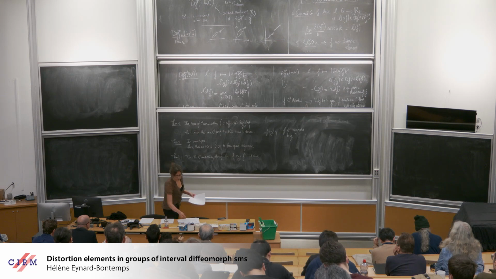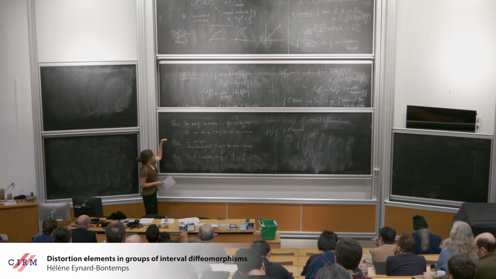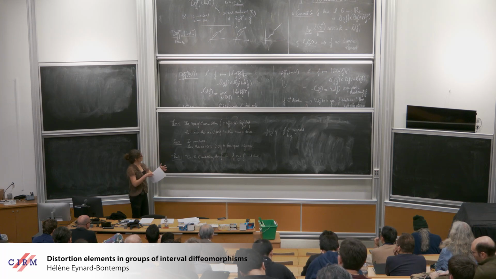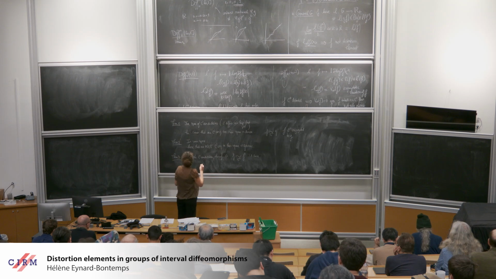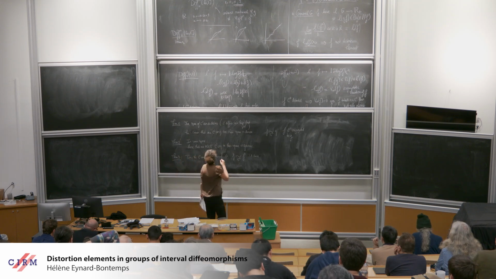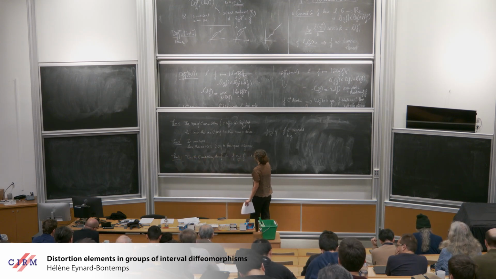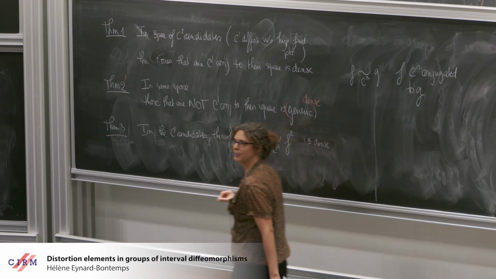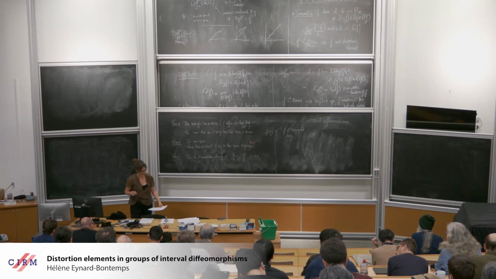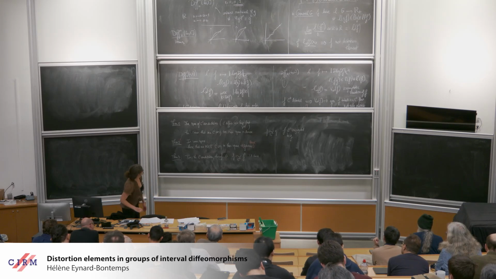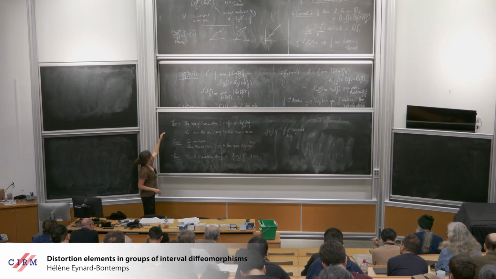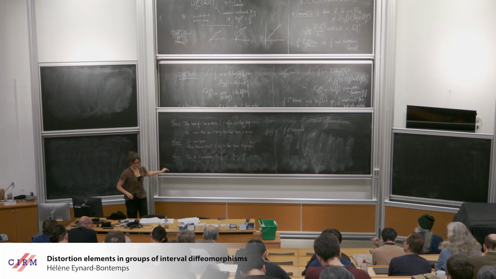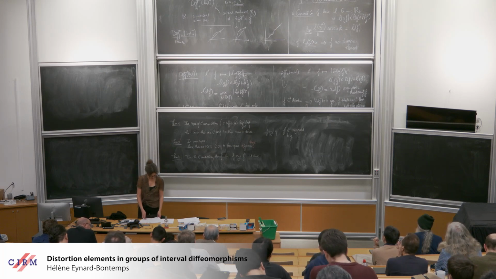I'm going to prove a weaker version of theorem 2, because then the proofs of theorem 1, theorem 2, and theorem 3 follow the same pattern, except at the end where they diverge. And I'm going to say that in the same space, those that are not conjugated to their square is dense, which is much weaker, but I don't have time to explain everything. So these are the 2 statements I want to focus on. Theorem 1 and theorem 2 prime.